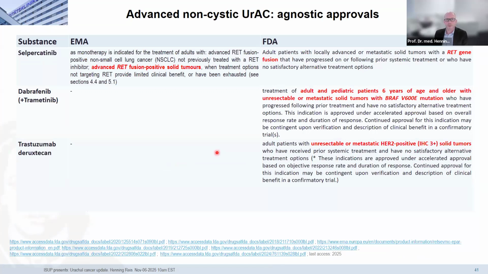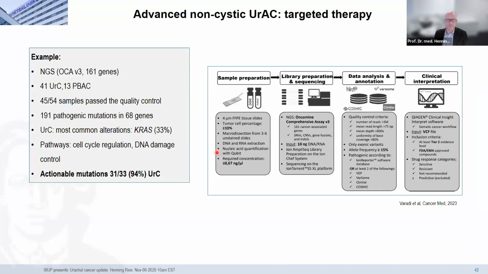We have selpercatinib, which is approved for RET fusion-positive cancers, and also dabrafenib for BRAF V600E mutations combined with trametinib for MEK inhibition, and trastuzumab deruxtecan as an antibody-drug conjugate approved by the FDA for unresectable or metastatic HER2-positive solid tumors. We do not have that in Europe yet because there are still some study data lacking.